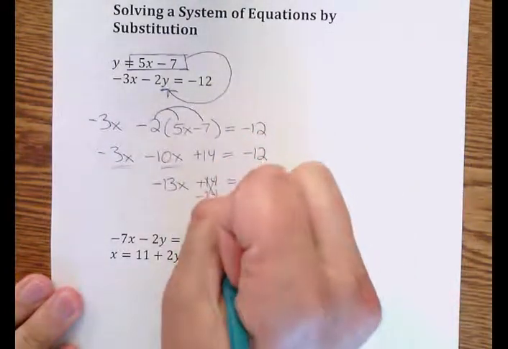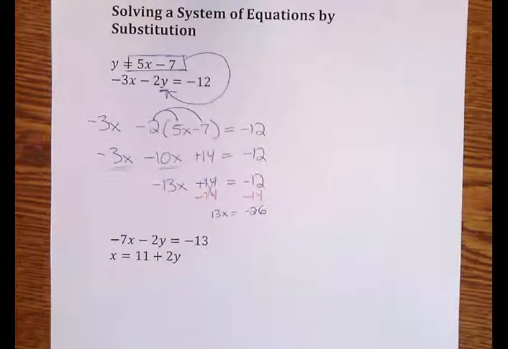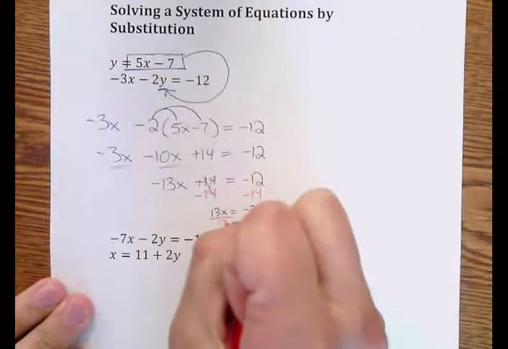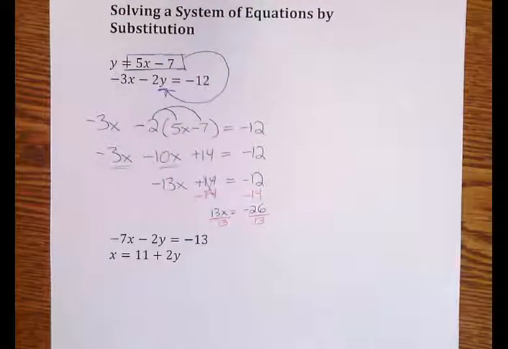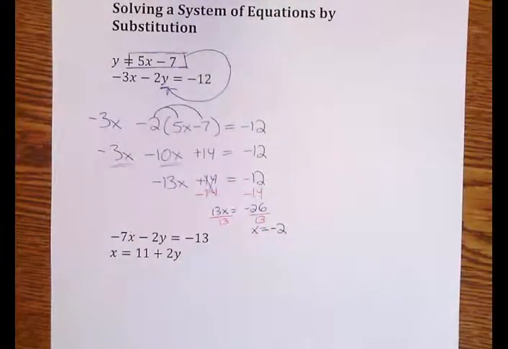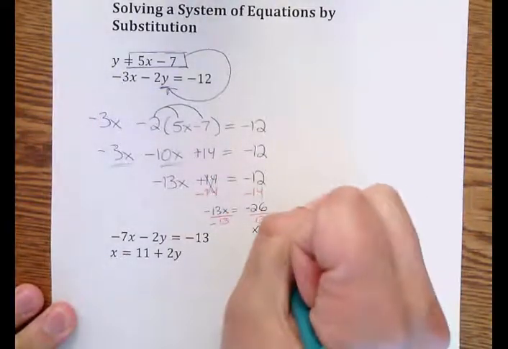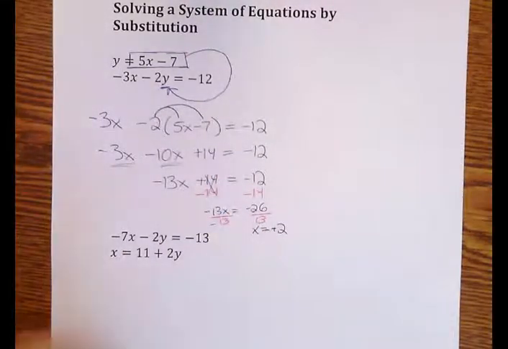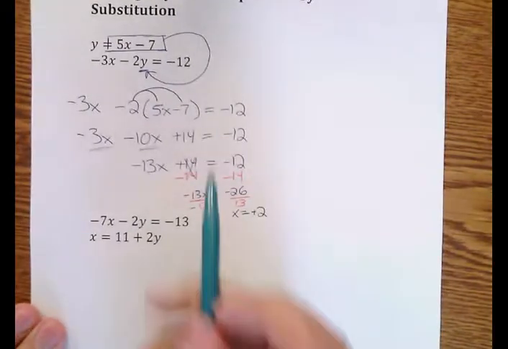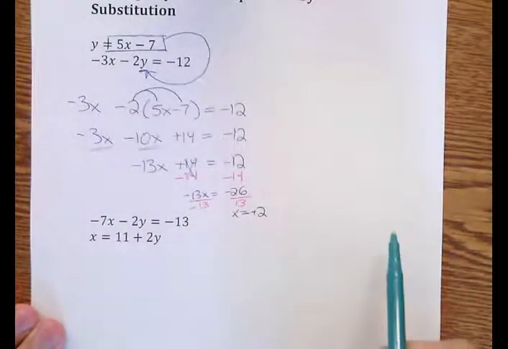That should leave you with negative 13x equals negative 26. You're going to divide by negative 13, divide by negative 13, and we get x equals positive 2. Forgot my negatives there. So solving here, pretty simple, we get x equals 2.